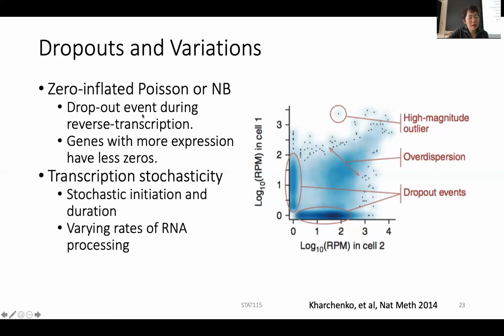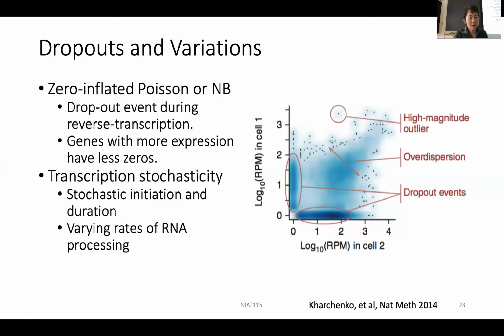The second one is the technical dropout. In the droplet, the RNA is attached to the bead and is being labeled, but maybe it didn't get a label, or something happened and it just didn't make it. In general, if a gene is expressed a lot, it is less likely to have zeros, but you can see in these high level ones, there could be noise, and there could still be dropouts.